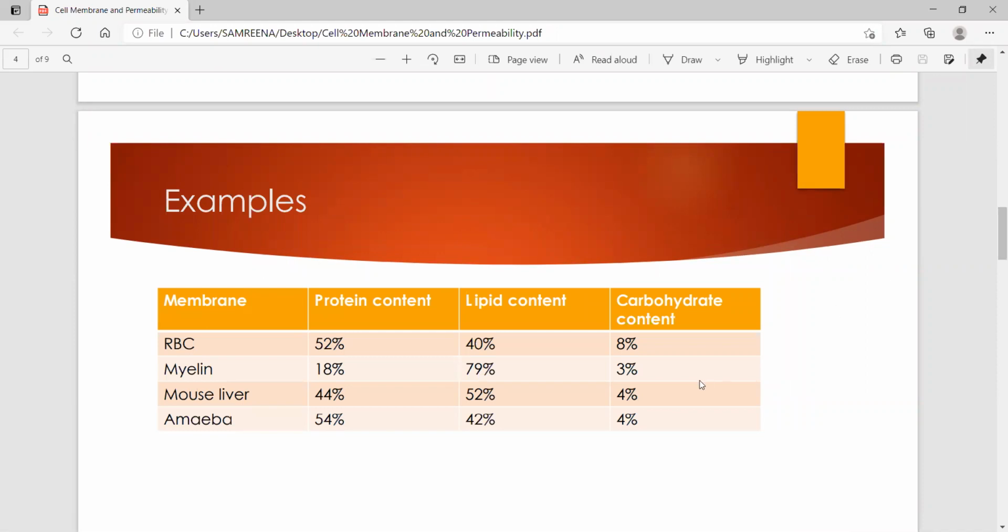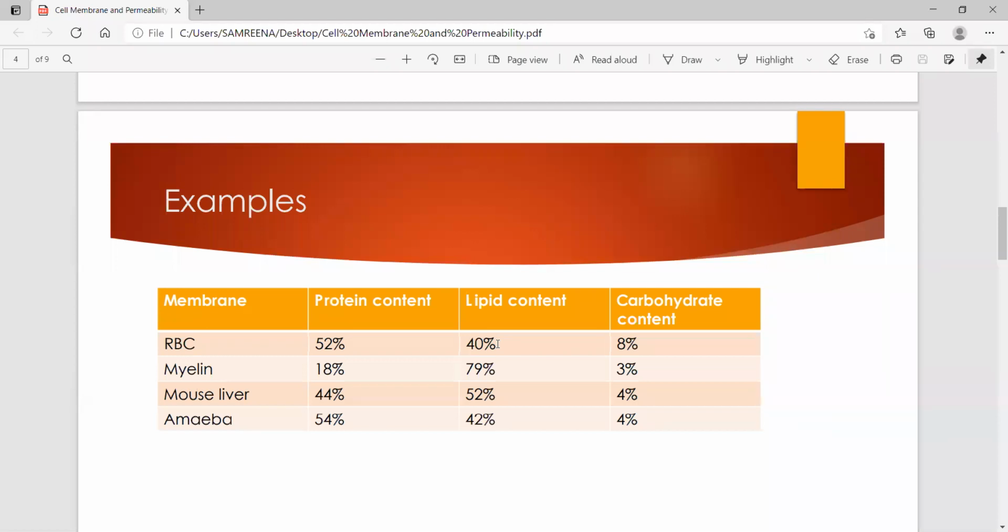हर एक cell का अपना अपना function है. Like if we take the RBC cell, in the RBC we have 52% of proteins, 40% of lipid content and 8% of carbohydrate content.